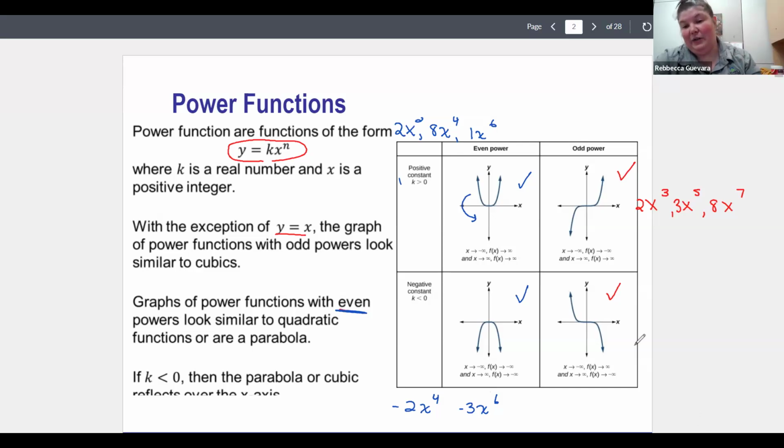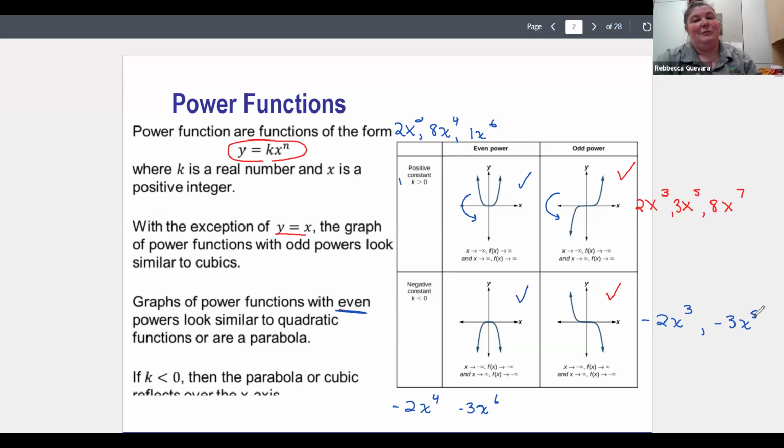If you have odd powers, then it doesn't go from an increasing function, it turns into a completely decreasing function. So once again, it flips over. If you had negative coefficients, that's what you would be seeing.